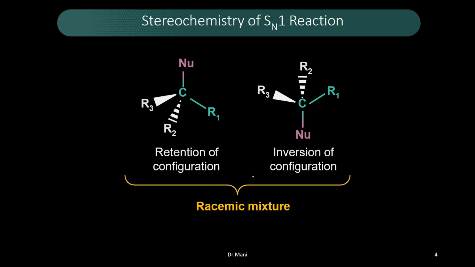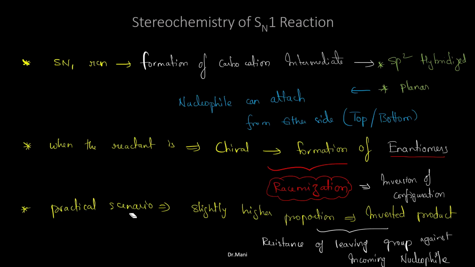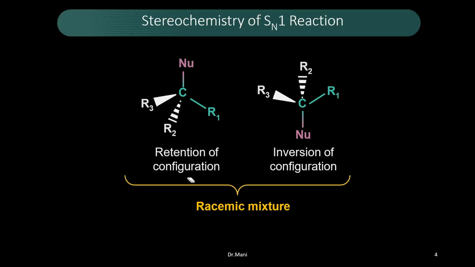If you see both, which one will be formed more? Is it retention or inversion of configuration that has a slightly higher proportion? Come on, guys, in the previous slide I just said, in the practical scenario there is a slightly higher proportion for the inverted product. So tell me, will the left one form more or the right one?